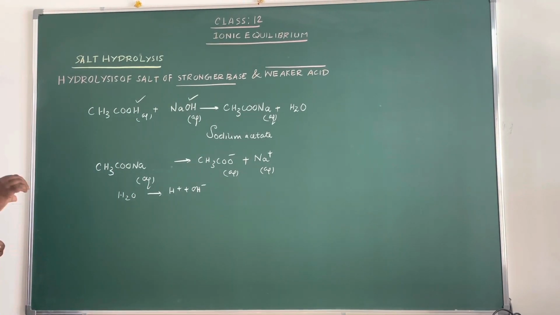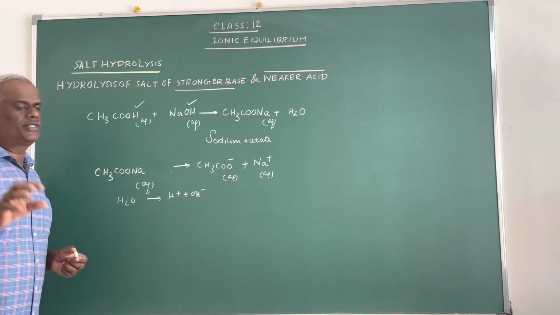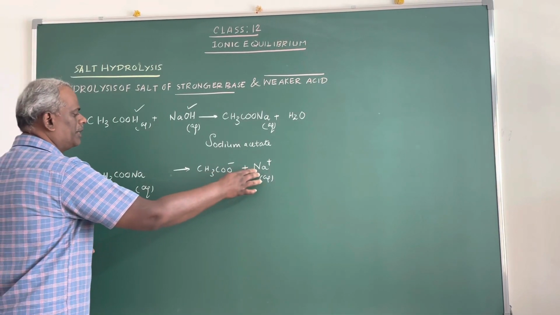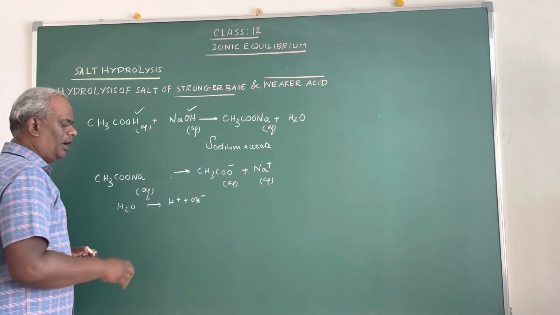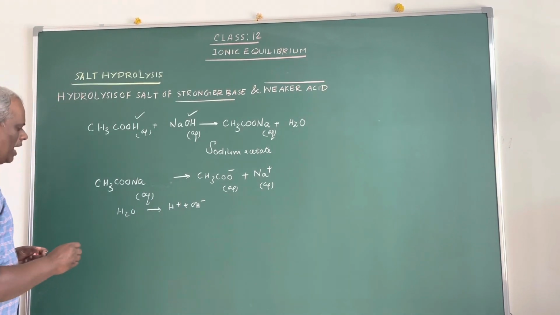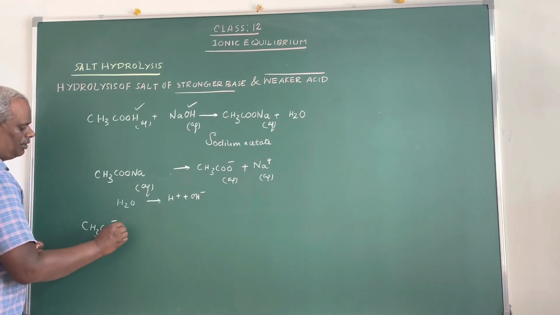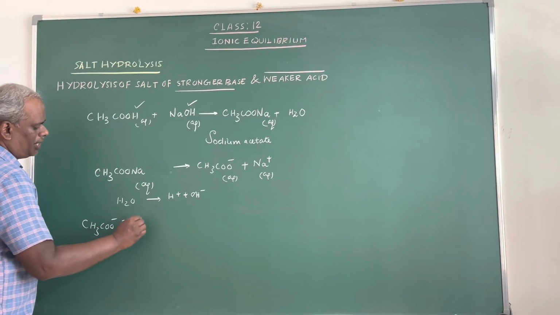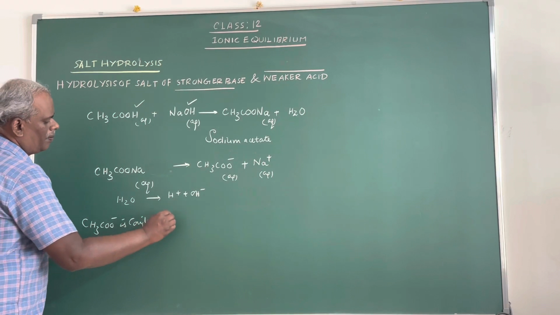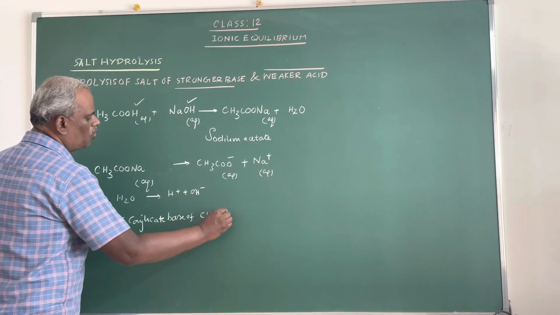The sodium acetate solution has these constituents: acetate ion, Na plus ion, H plus, and OH minus. The acetate, CH3COO minus, is the conjugate base of CH3COOH.